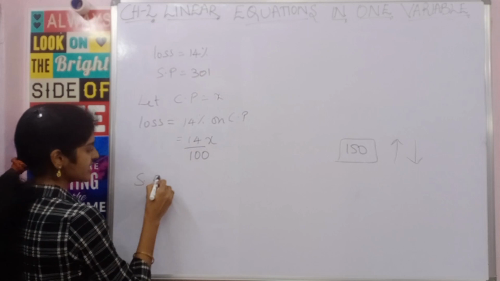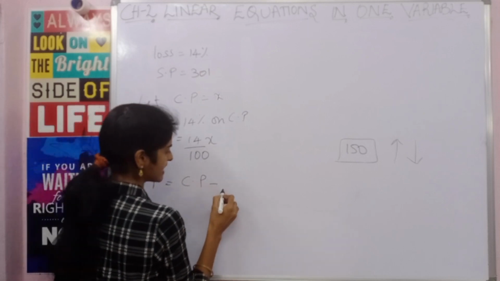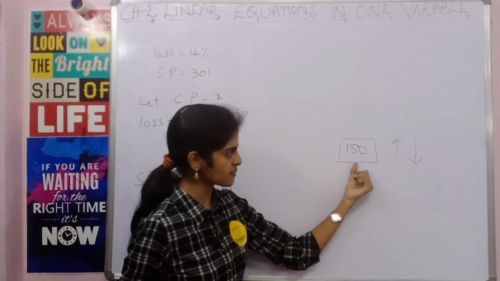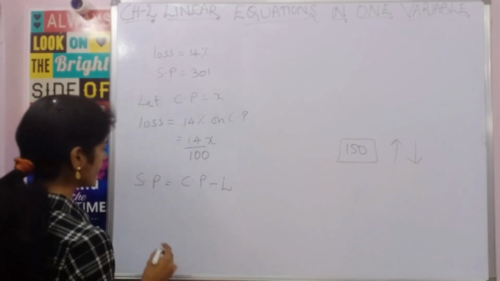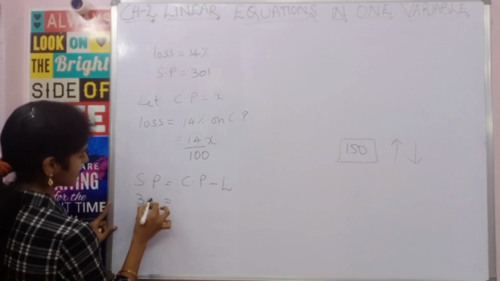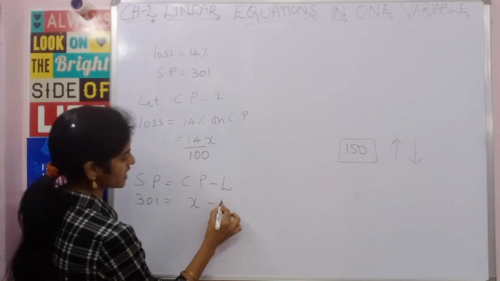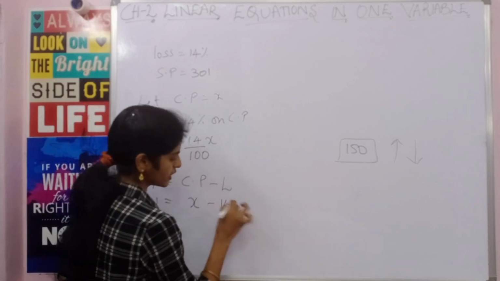Now, selling price is nothing but cost price minus loss. Yes, selling price is nothing but cost price minus loss. So selling price you got it as 301 rupees, cost price you don't know, it is x, minus loss is 14 by 100 into x.